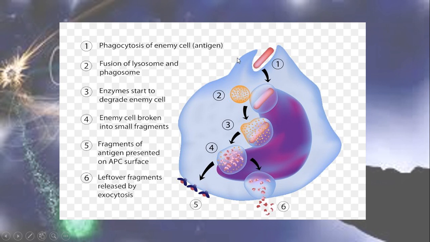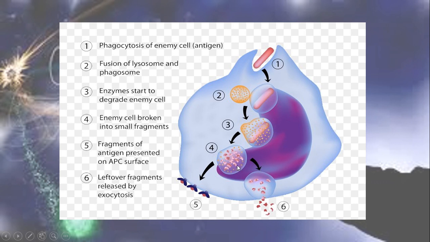These are said to be pseudopods or false feet that the phagocyte, in this case the macrophage, uses in order to engulf the pathogenic agent. The pathogenic agent is mixed with certain enzymes, which are the lysosomes present within the macrophage, and these lysosomes are going to digest the pathogenic agent.